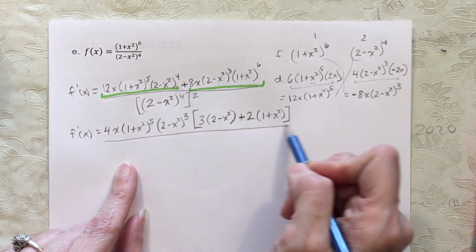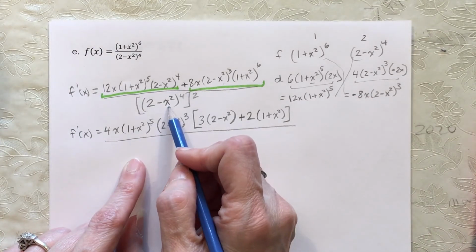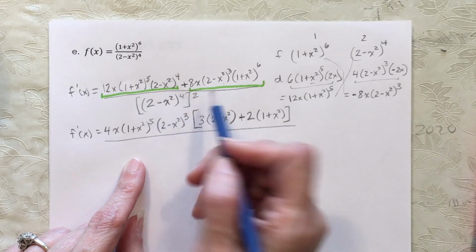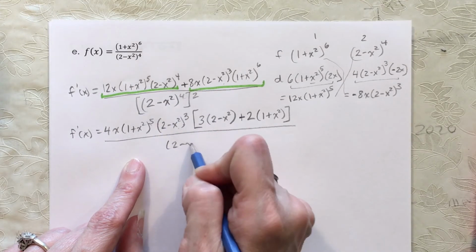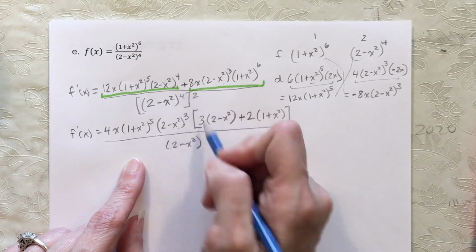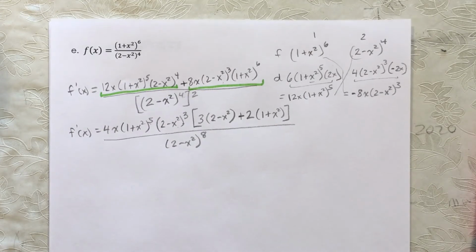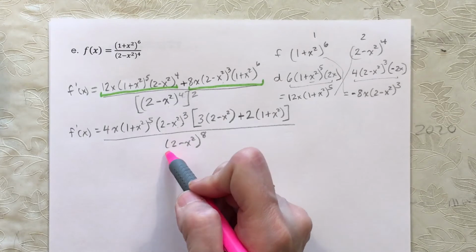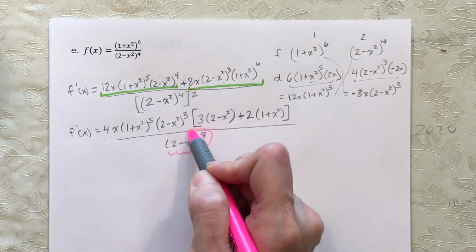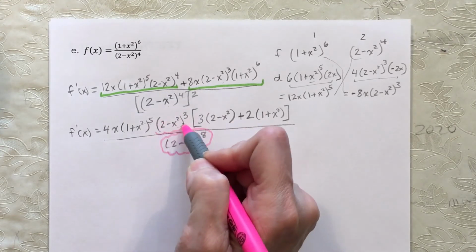All over. So this is going to be, you've got a power to an exponent. You keep the base 2 minus x squared, and multiply the exponents. Careful with that rule. Another common error is people adding them, but when it's power to an exponent, you keep the base and multiply. And then we have clouds because we have a 2 minus x squared on the bottom and on the top.